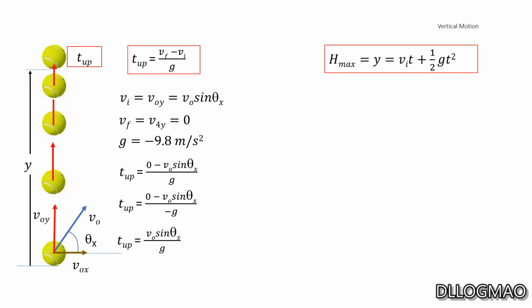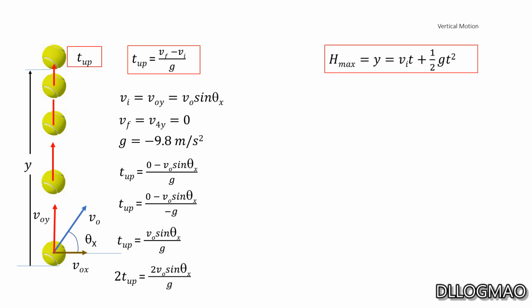Result 2: t sub up is equal to the ratio of the product of v sub 0 and sine theta sub x and acceleration due to gravity. The time to complete the trajectory at the same level, 2t sub up, is twice the product of v sub 0 and sine theta sub x over acceleration due to gravity.